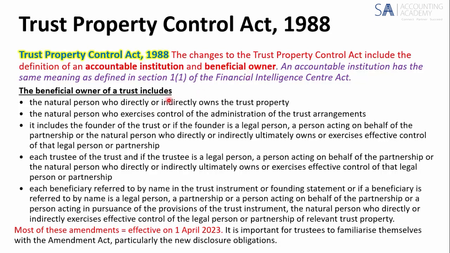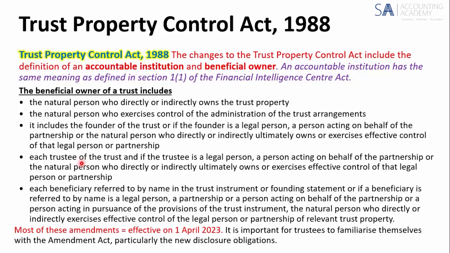So when we're looking at the beneficial owner of a trust, what are we looking at? It's a natural person who directly or indirectly owns the trust property, or a natural person who exercises control over the administration. It includes the founder of the trust, or if the founder is a legal person, the person then acting on the partnership's behalf, or the natural person who ultimately owns or exercises effective control of that legal partnership or that legal person.